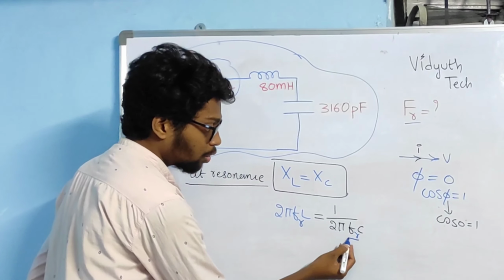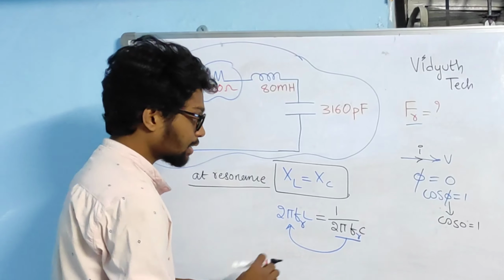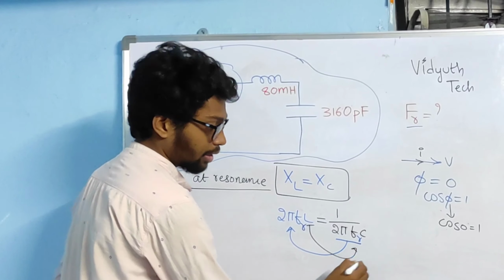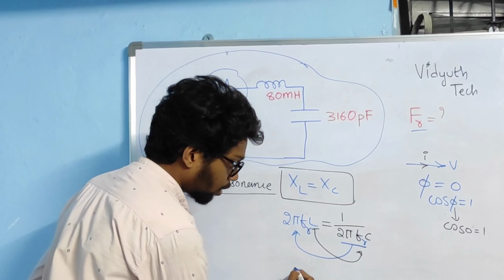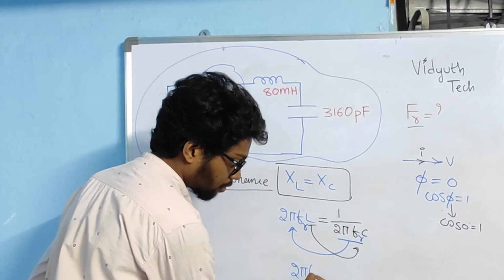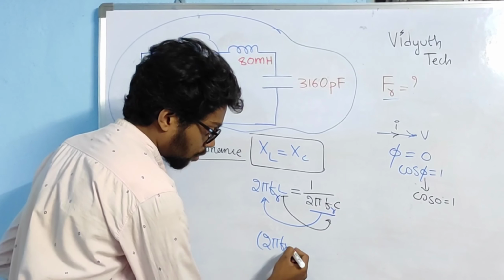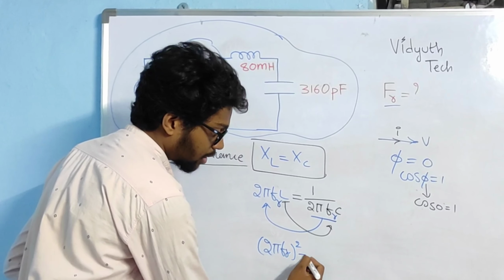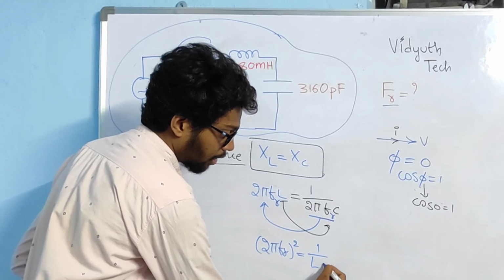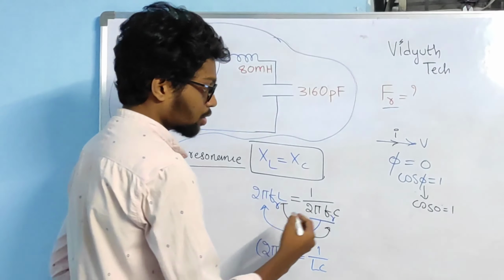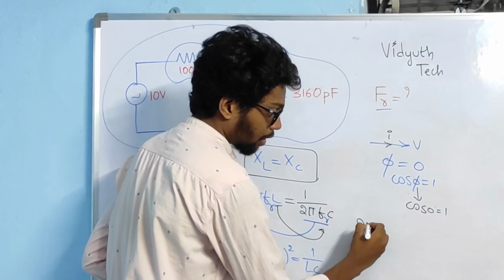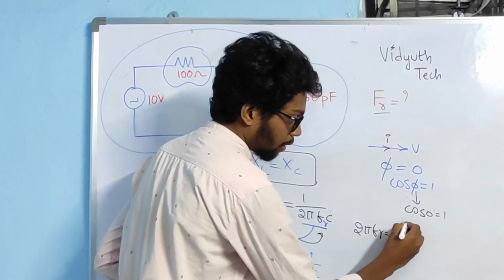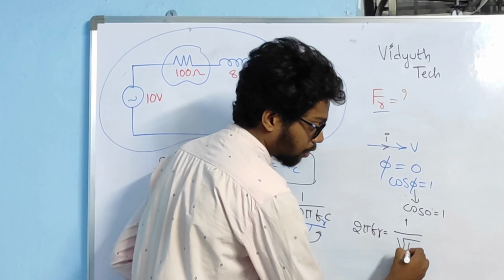I am sending 2 pi FR to the left side, whereas L goes to the right side. So I will get (2 pi FR) whole square is equal to 1 by L into C. So we will get 2 pi FR is equal to 1 by under root L into C.